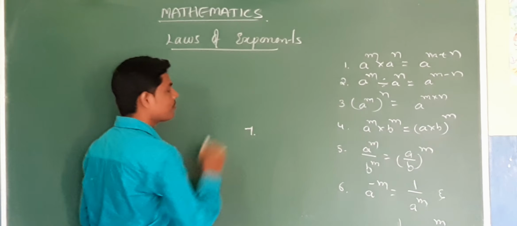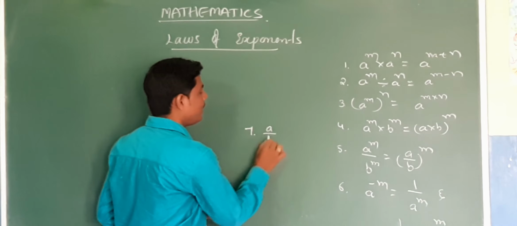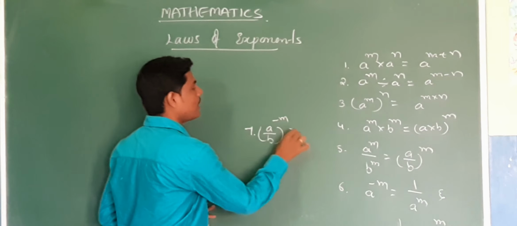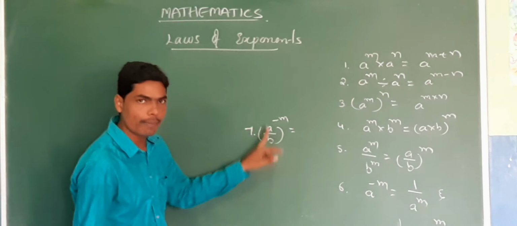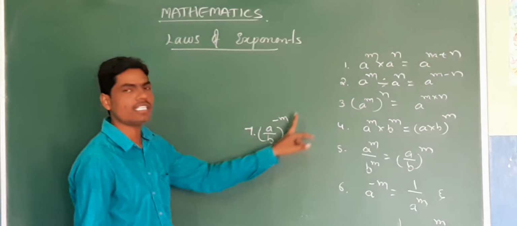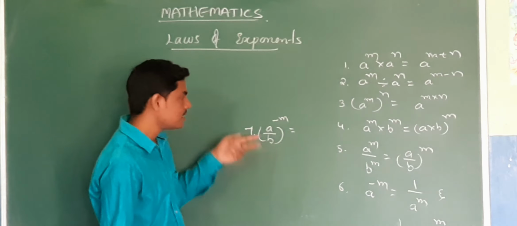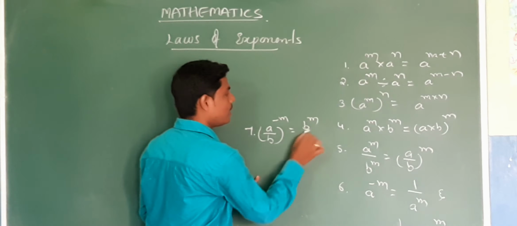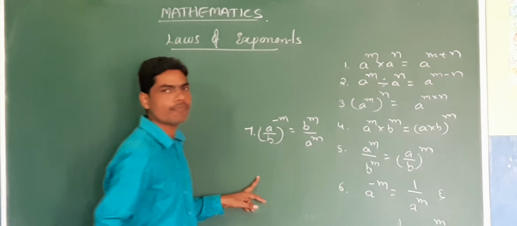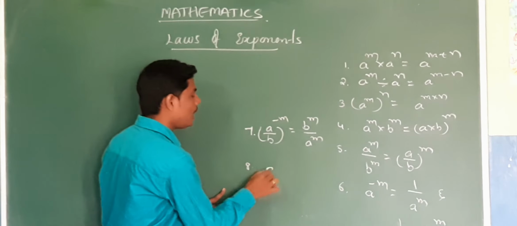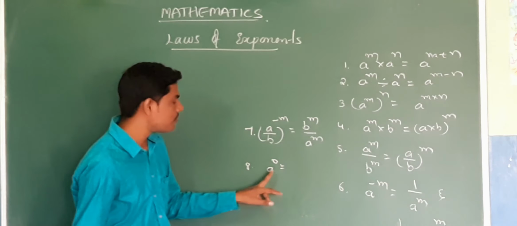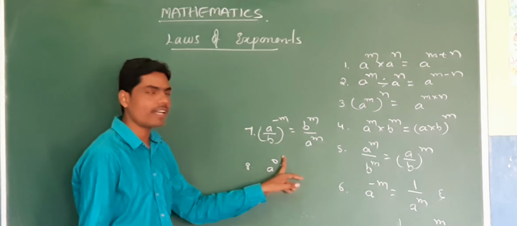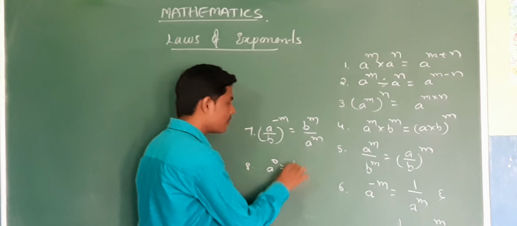So one more, that is a by b whole to the power of minus m. a by b is a fraction, and for that fraction it is a negative power. In that case, this fraction will be reversed, that is b power m by a power m. Next, eighth one, a power 0. That means for this base, power is 0. In that case, it will become 1.